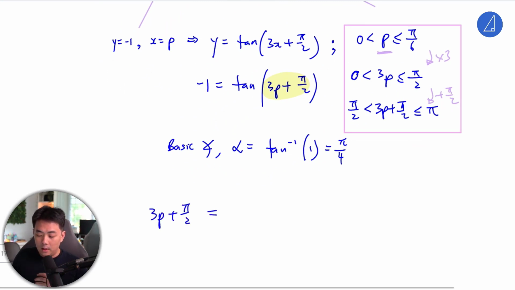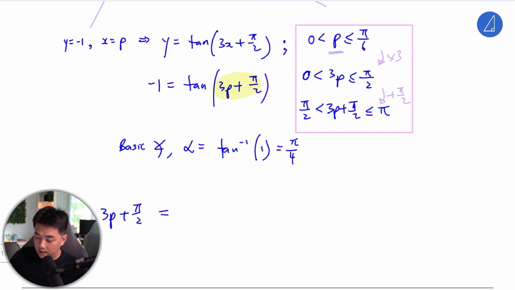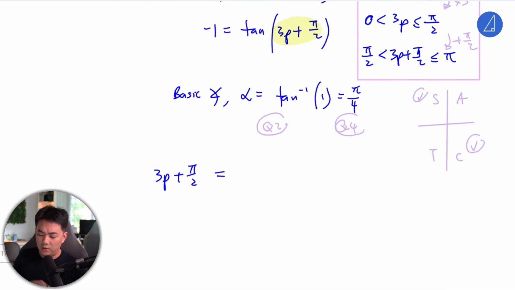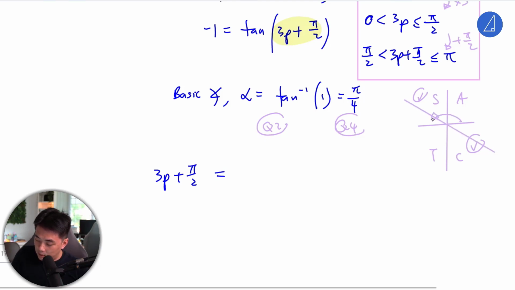Then what we need is obviously 3p plus pi over 2 there. We know that tangent is negative, so ASTC, draw it out. We have tangent negative in quadrant 2 and quadrant 4. In quadrant 2, this angle here is alpha, the basic angle, and the angle is pi minus alpha. In quadrant 4 it is 2 pi minus alpha.